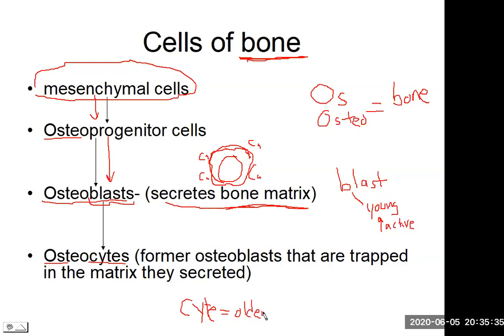So osteoblasts mature over time to become osteocytes. And with older age, they are less active. So osteocytes do still produce bone matrix, but at a much slower rate than they did earlier in their lifespan. So that's exactly what we have now. A former osteoblast that's completely surrounding itself in its own matrix, its own surrounding material.